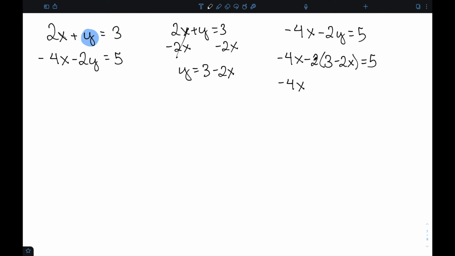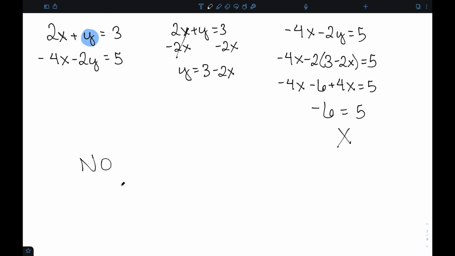Negative 4x, and then negative 2 times 3 is negative 6. Negative 2 times negative 2x would be plus 4x equal to 5. Negative 4x plus 4x is 0, so the left-hand side is just a negative 6 equal to 5, which is not possible.